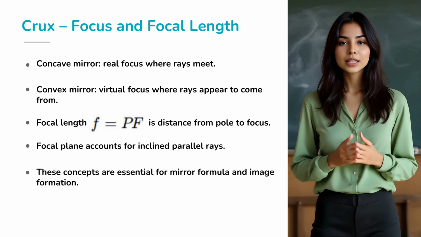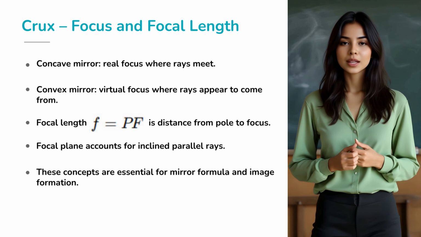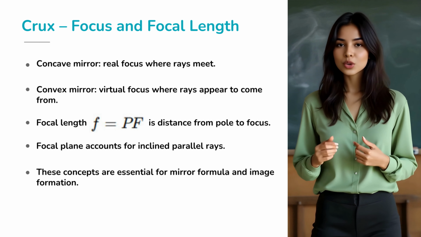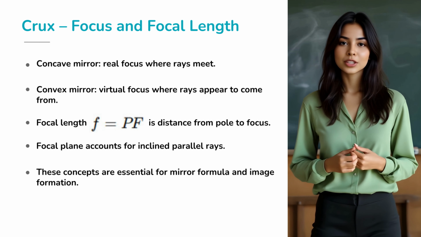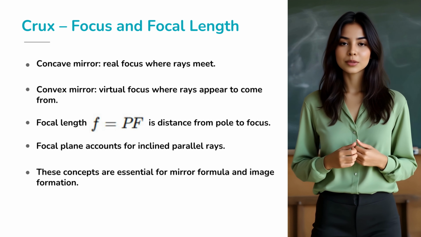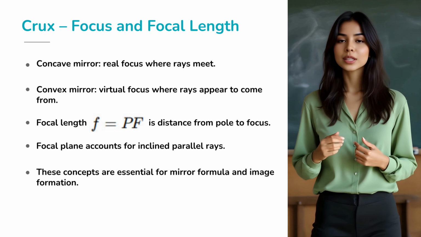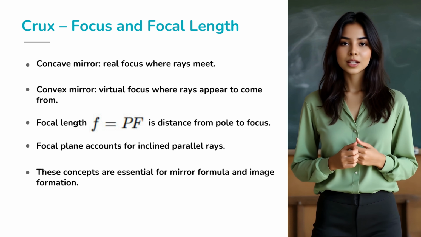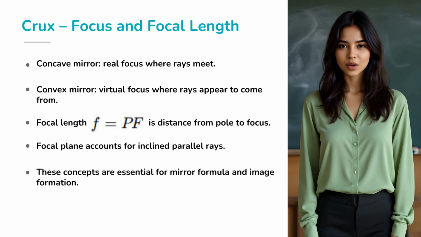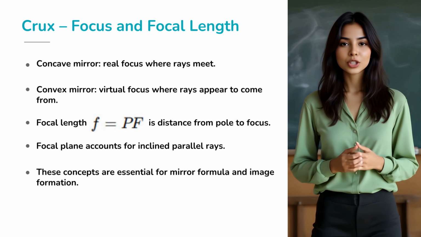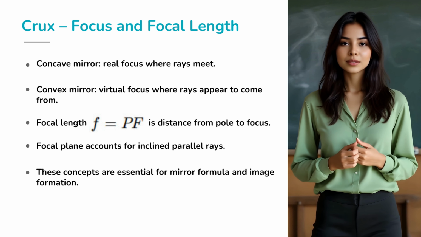The focal plane explains what happens to tilted parallel rays. In short, concave mirrors bring light together, convex mirrors spread it apart, but both obey the same simple rule of focus and focal length. So next time you're in sunlight with a shiny mirror, think twice before playing around, because physics doesn't just reflect, it also burns.